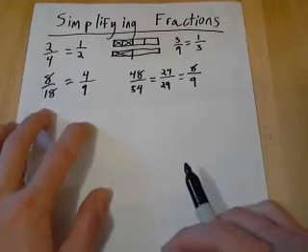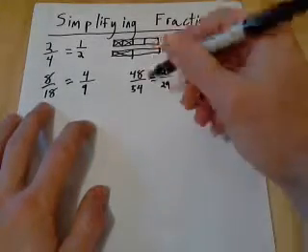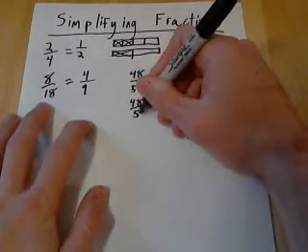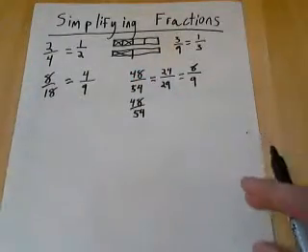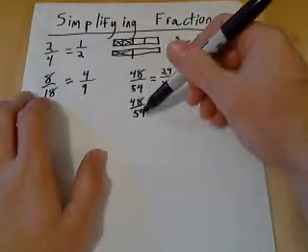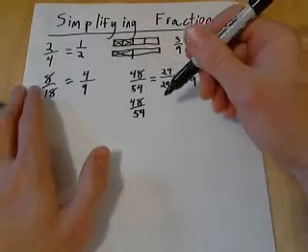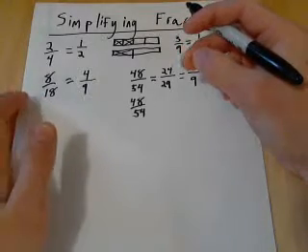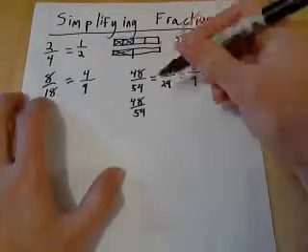So now I'll show you the conventional method of doing it. So if we had 48/54, and we were to find the greatest common factor, we'd have to look for the biggest number that will go into both of these evenly. And if you understand your multiplication tables well enough, you will realize that that number is 6.